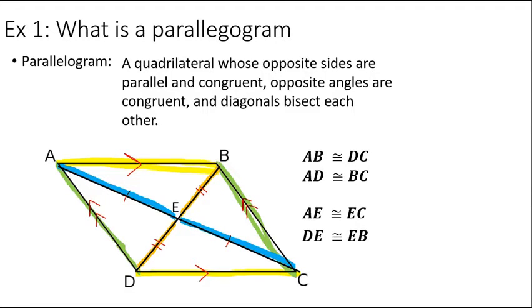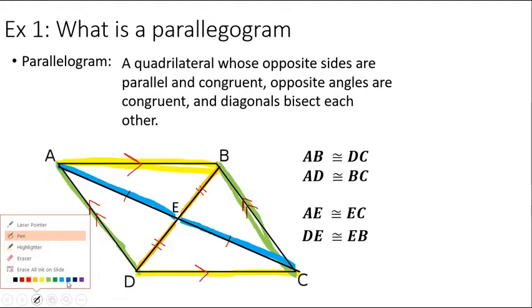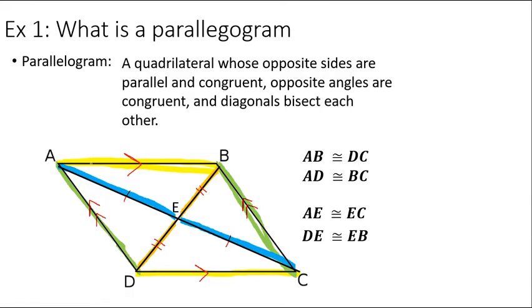Okay. Now, the angles that are opposite each other, what that means is that, for example, angle A and angle C are congruent, are the same value.